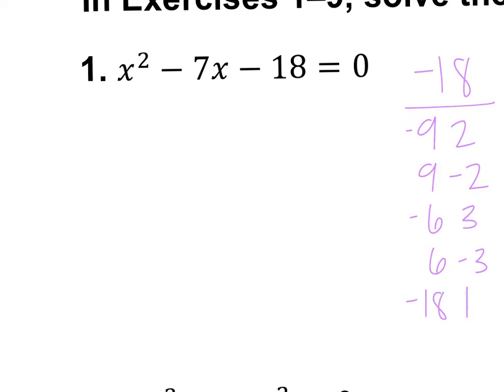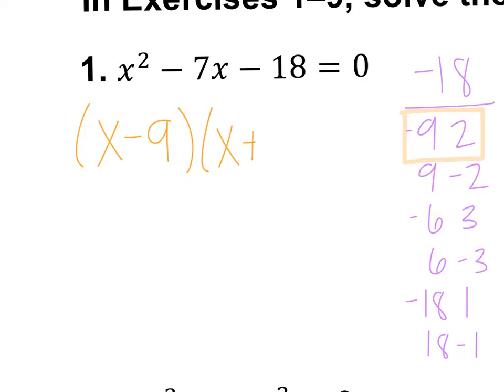Negative 18 and 1 maybe. Do I see any that add to negative 7? Negative 9 and 2. Good. If I were to rewrite this, I would get x minus 9, x plus 2.